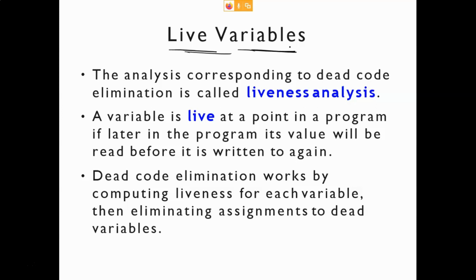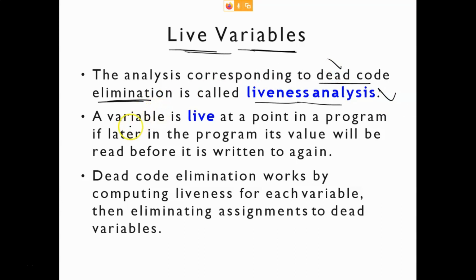So we get which variables are alive at some point in the program. This analysis will help in dead code elimination, so once we do this analysis, we can apply the dead code elimination optimization.